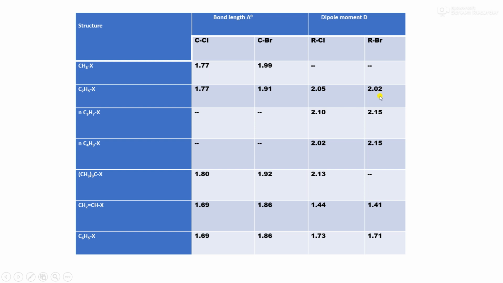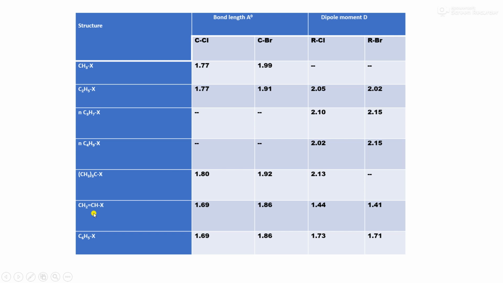We know fluorine is the most electronegative atom, therefore dipole moment goes on decreasing from fluorine to iodine. In this way, we can study dipole moment and bond length and reactivity.